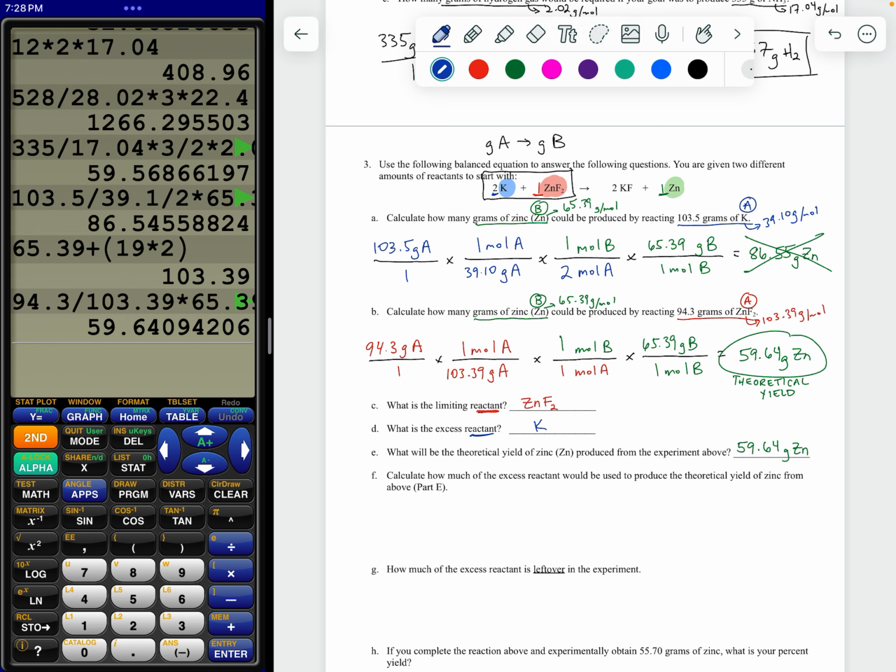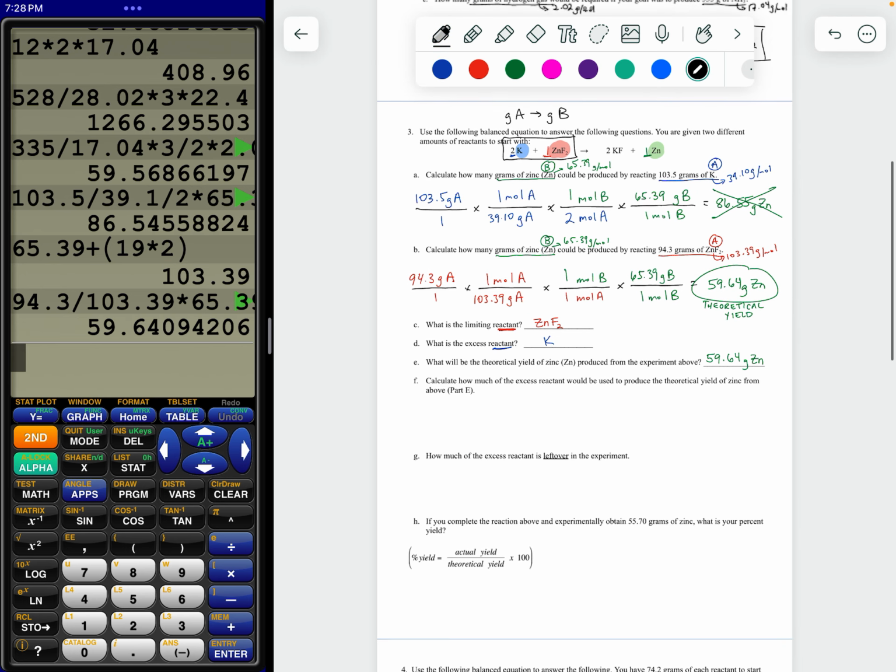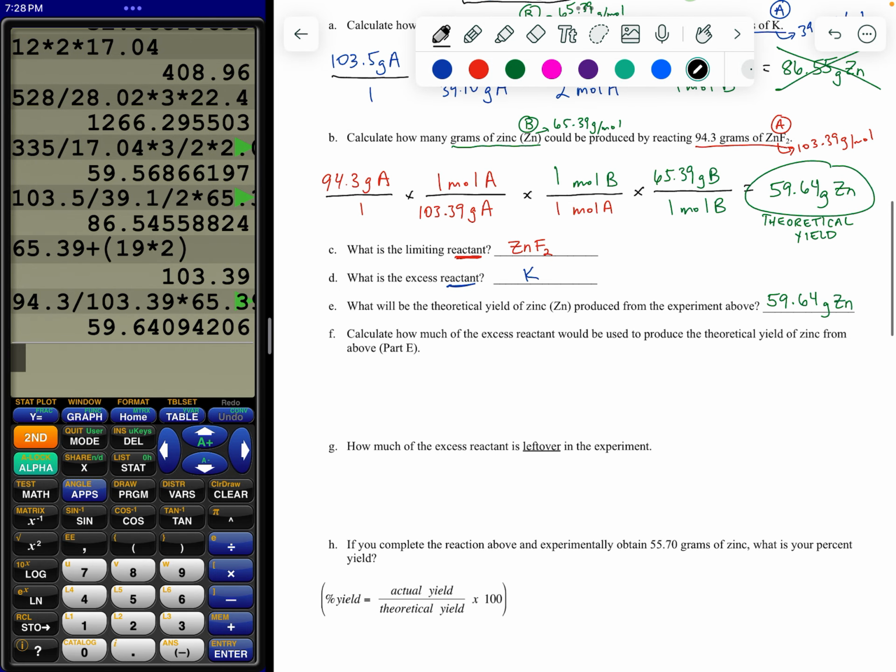All right, and so now we can go a step further. It does seem a little daunting at this point because you are doing a lot of work for one problem, but if we know that we have some of a reactant left over, then why not figure out exactly how much is left over?